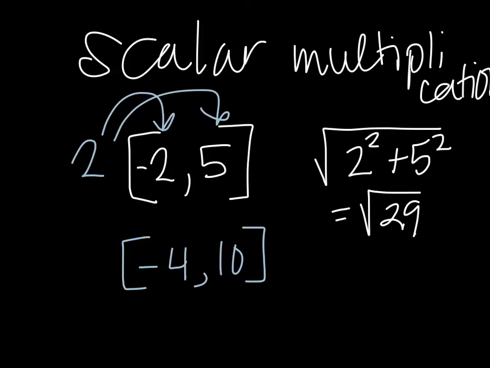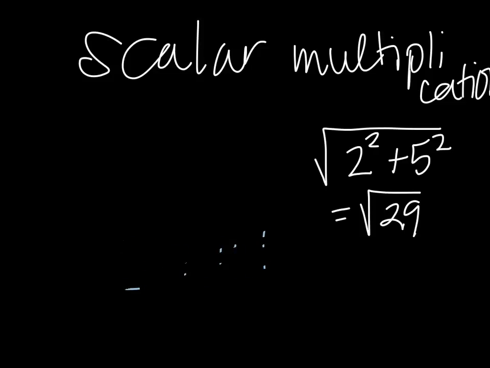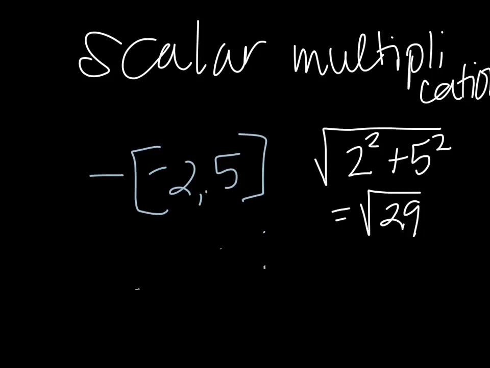Another example of that would be, let's say we want to find a vector that opposes this direction. So what we do there is we would multiply the vector -2, 5 by a -1.